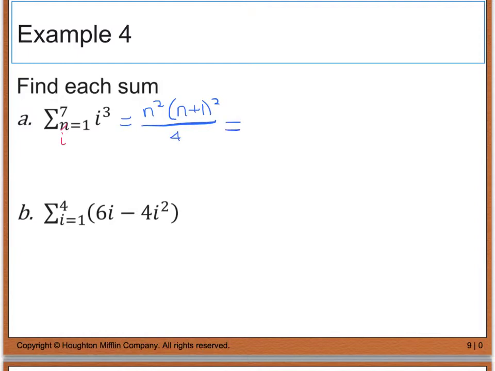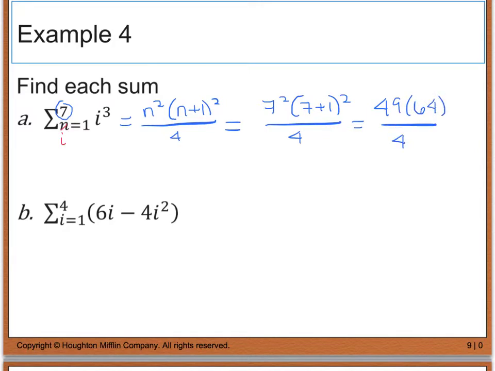So all I have to do now is plug in my n and then simplify this equation. So n in this case is 7. So I have 7 squared times 7 plus 1 squared divided by 4. This is going to give me 49 times 64 divided by 4, or if I simplify all of that, then you'll see that you end up with 784 as a final sum.